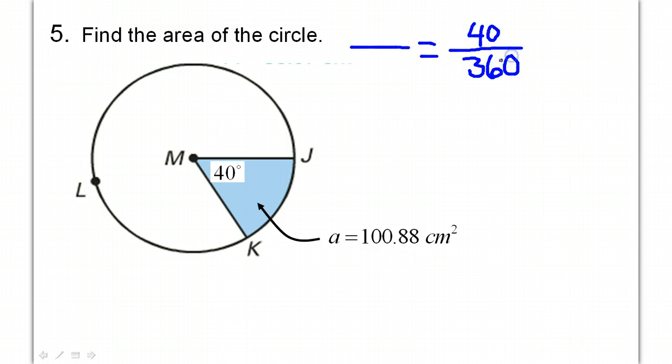I need part over whole. I've got this. Is this 100.88? Is that the partial area or the whole area? Does it go in the top or the bottom? Well, it's the area of the sector. The sector is not the whole circle. It's the part of the circle. So it will go in the top.